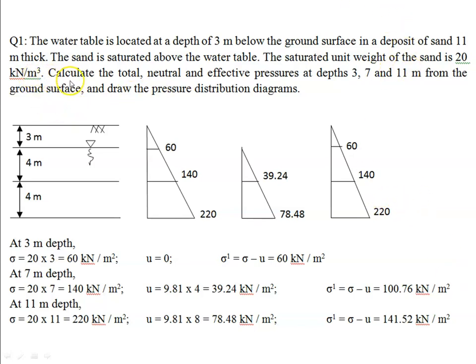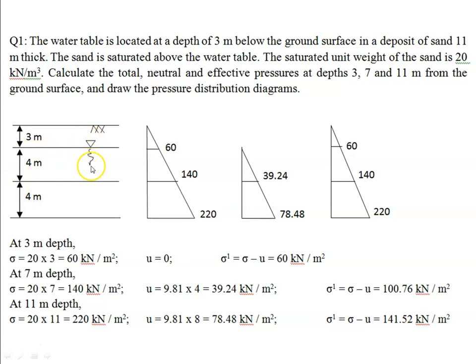Calculate the total, neutral and effective pressures at depths 3, 7 and 11 meter from the ground surface and draw the pressure distribution diagrams. So here the total thickness is 11 meter and the top layer is 3 meter thick, because the water table is located at 3 meter.